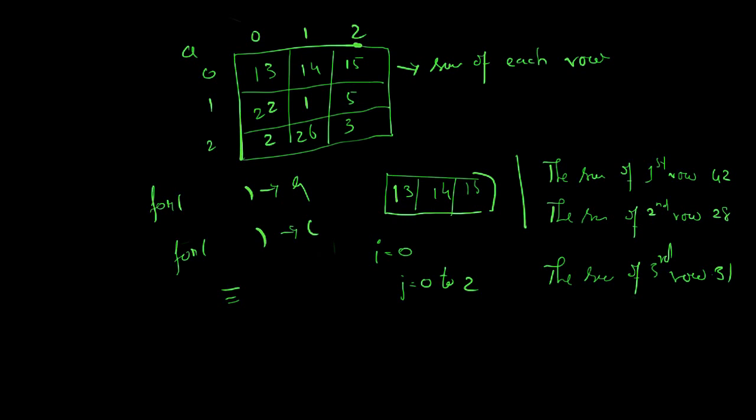Now, I know the second loop executes 3 times, when the value of i is less than or equal to 2 and the value of j is less than or equal to 2. So it executes 3 times for one particular value of i.